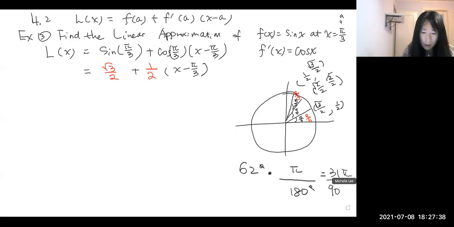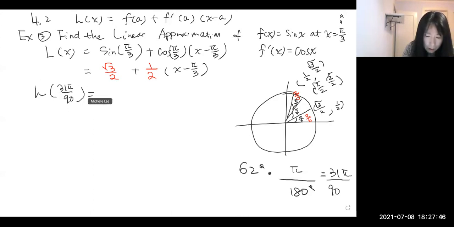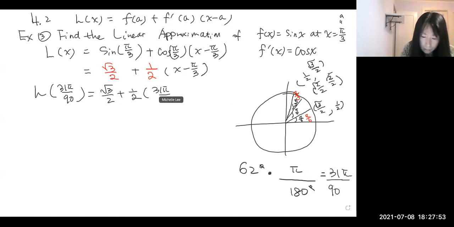All right. So we approximate 31 pi over 90. Can you please calculate?